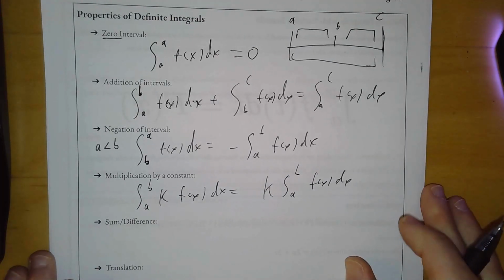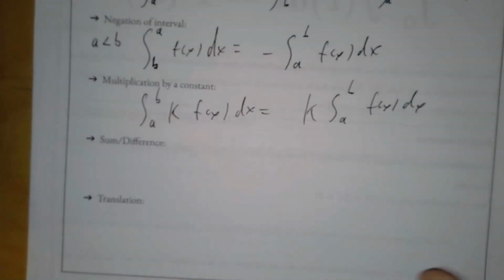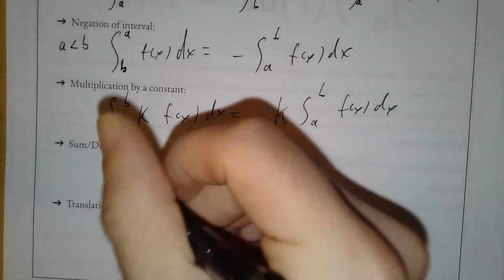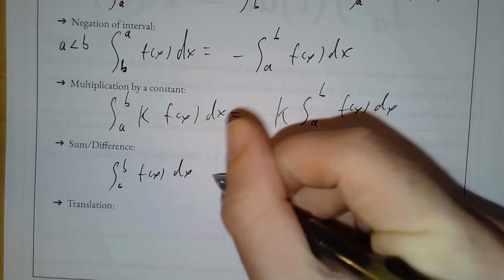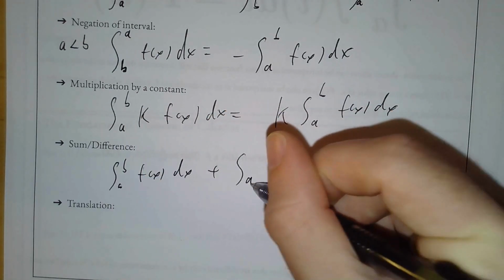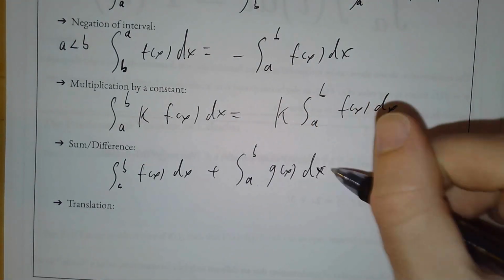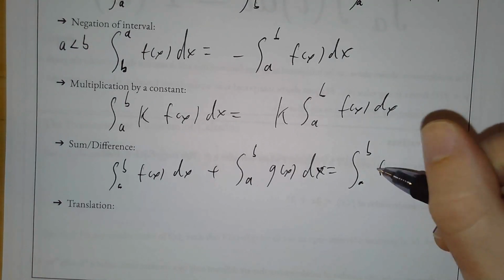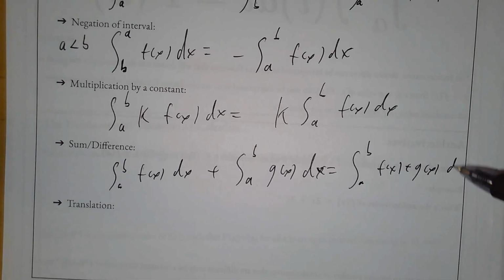Sum difference says, if you have the same bounds, a to b of f of x dx, plus the same bounds of another function, say g of x, then you can write it as one integral from a to b, and inside would be f of x plus g of x dx.